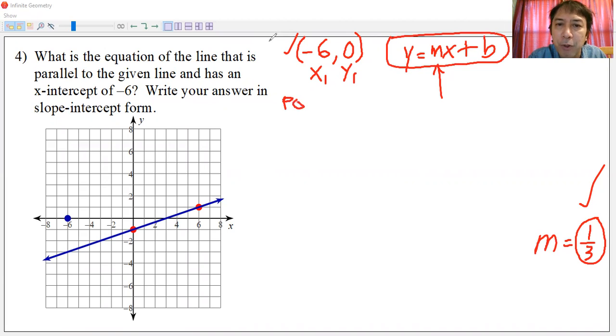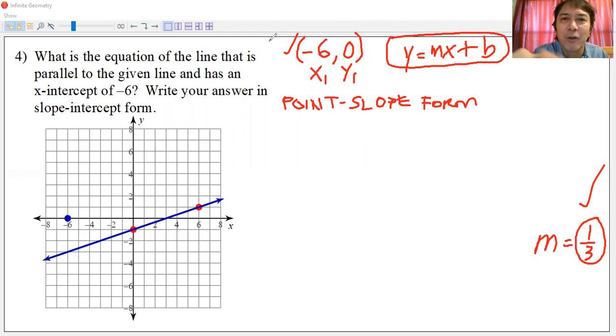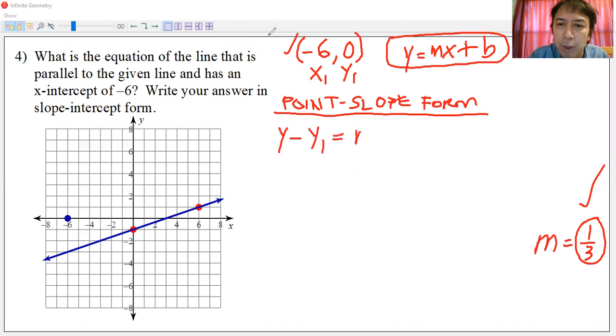Let me write it, point slope form. Let me remove the arrow here because this one is slope intercept. Now the point slope form looks like this: y minus y1 is equal to m times x minus x1.